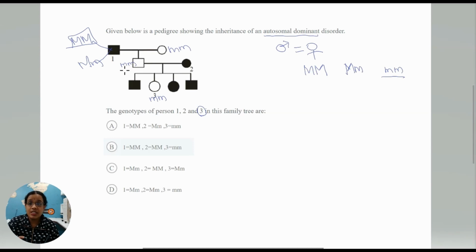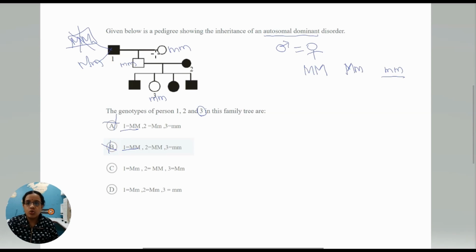The progeny is exclusively small m small m, that is homozygous recessive and free from disease. So genotype capital M capital M is not possible. Hence, we can eliminate options A and B, because they give person 1's genotype as capital M capital M.